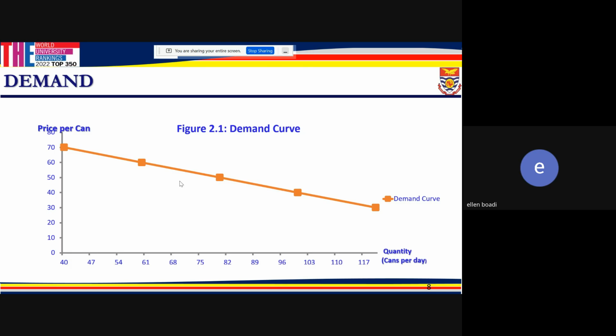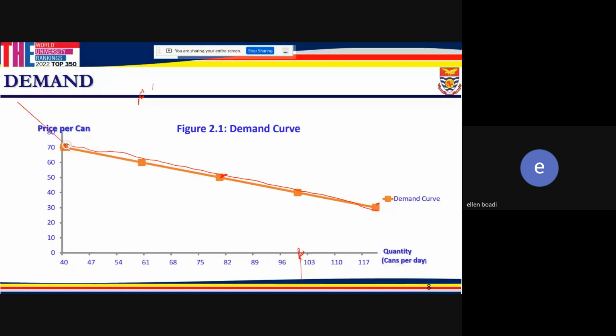In drawing it, after plotting, taking note of all your points, what you do is that you draw a curve, a line that joins all the points.